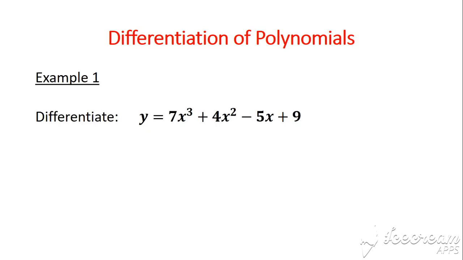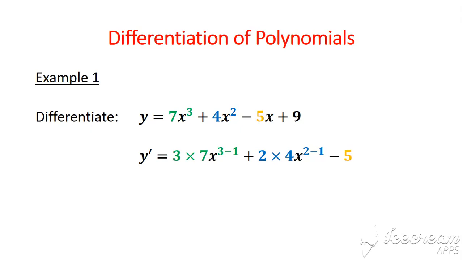Alright, let's get into example 1. Let's differentiate y equal to 7x cubed plus 4x squared minus 5x plus 9. So the first term, the 3 will come out the front and times by the 7, and then the 3 will drop down to a power of 2 because we subtract 1. The second term, the 2 will come out the front and times by the 4, and then the 2 will drop down to a power of 1 because we subtract 1.